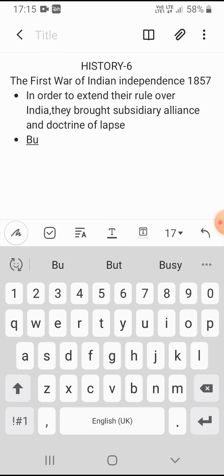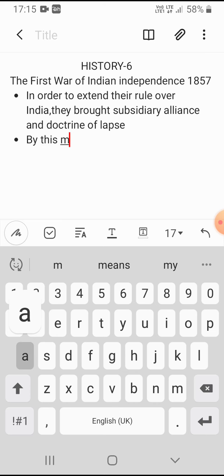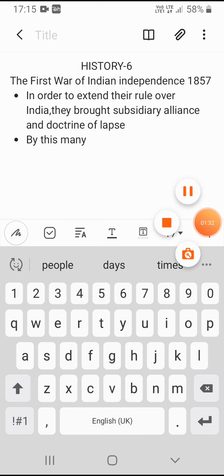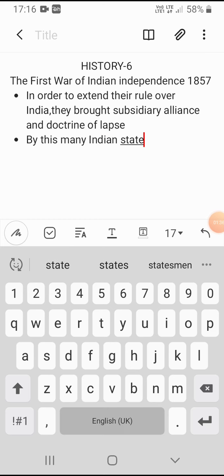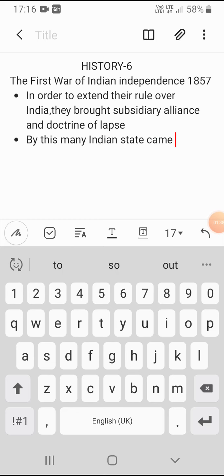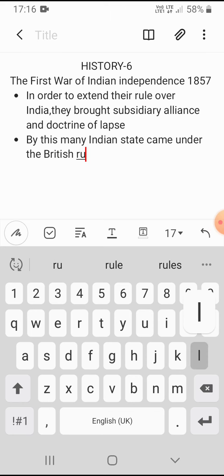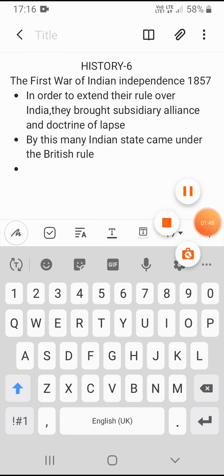By this, many Indian states came under the British rule, by this subsidiary alliance and doctrine of lapse policy.